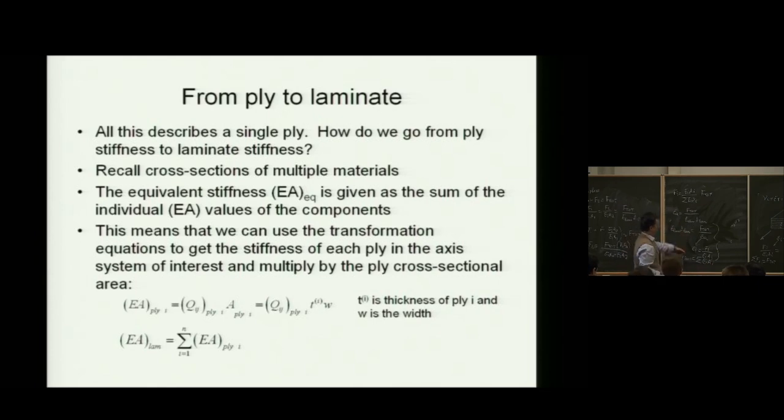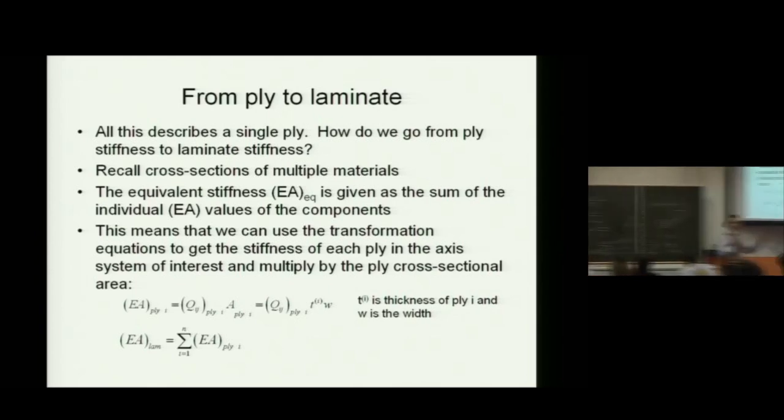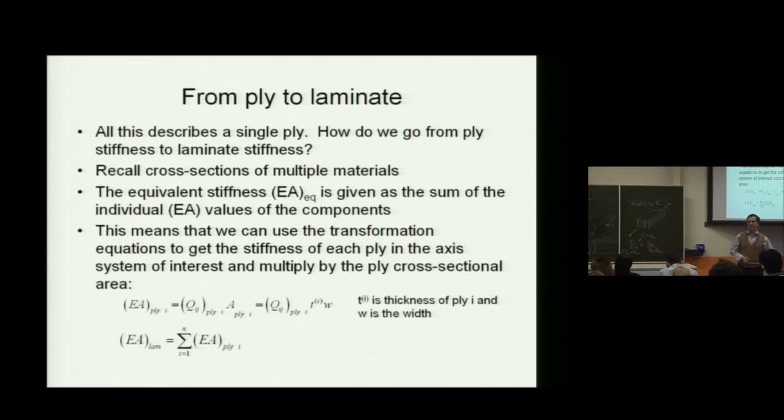And if you cannot follow the missing steps, you can let me know. But in general, because the strains are the same for each ply, the total or the equivalent E times A, membrane stiffness as it's called, for the entire laminate is the sum of the EAs. But what are the sum of the EAs now?